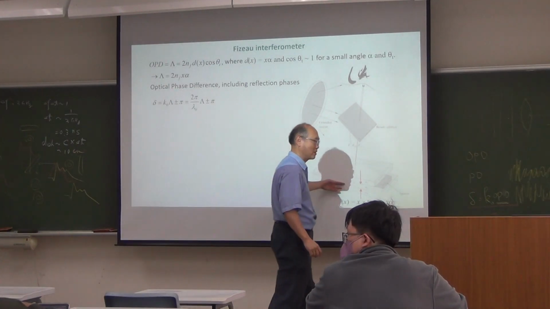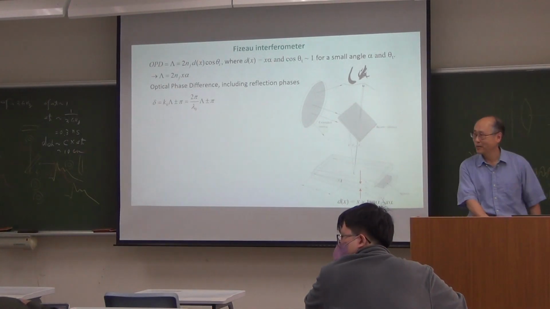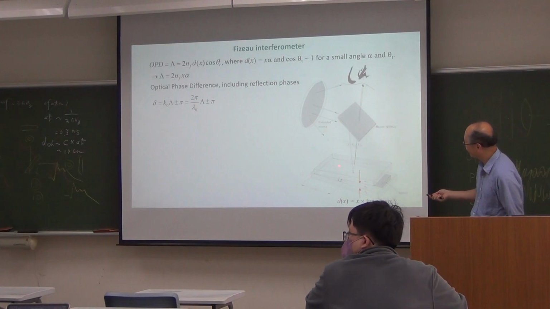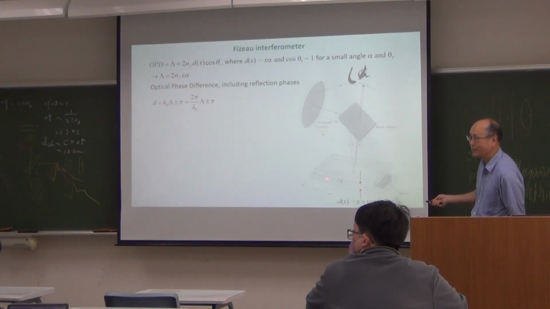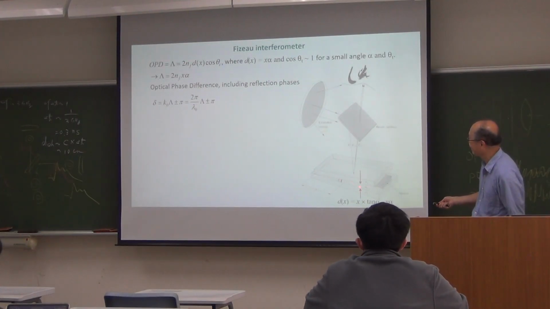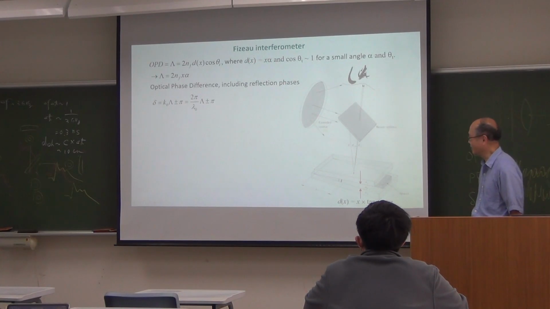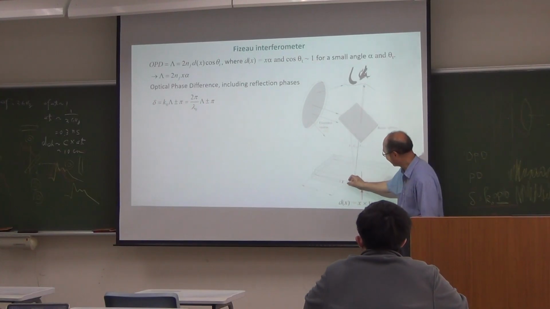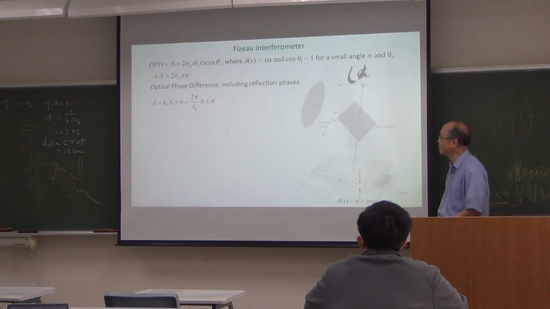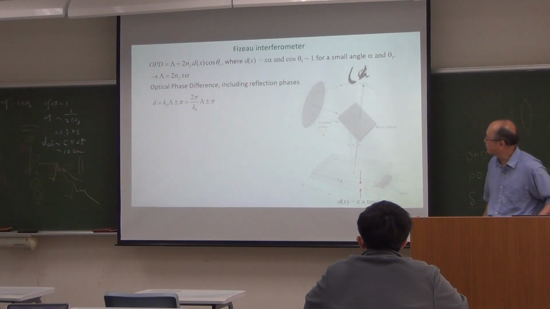So you can construct this visual interferometer, and because the optical path difference varies along this direction, the optic path is given by d(x), a function of x. If you move along this direction, the thickness becomes thicker. So we can calculate the bright fringe or dark fringe viewed from this direction.